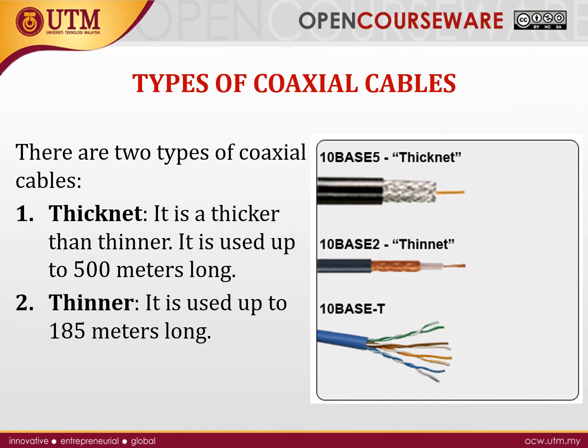And we have two types of coaxial cables, which are thicknet and thinnet. Thicknet is thicker than thinnet and is used up to 500 meters long, while thinnet is used up to 185 meters long.